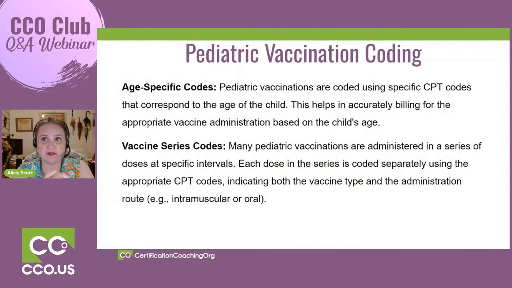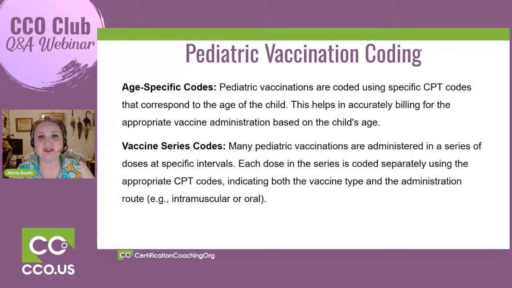Breaking down the description a little more regarding those considerations, we're going to start with the pediatric vaccination codes first. So age-specific codes, we are using CPT codes that correspond specifically to the child's age, and this is going to help with the billing and making sure that you're accurate for the appropriate vaccination based on the child's age. I'll show you examples of that.